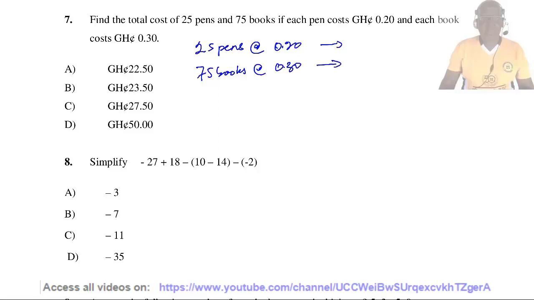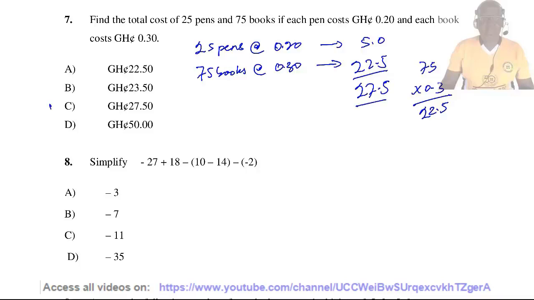Now 25 times 0.2 will give us 5, and then 75 times 0.3 is 22.5. The total is 27.5. So the answer is C.